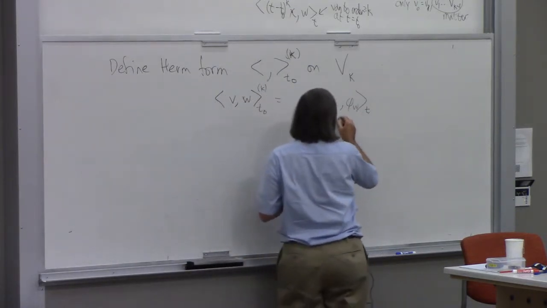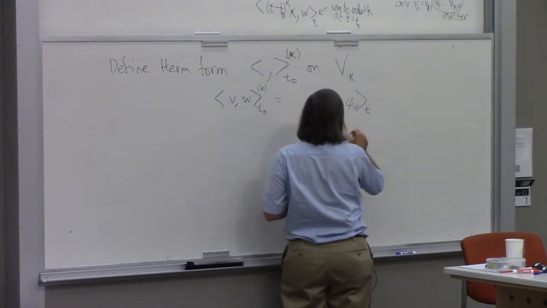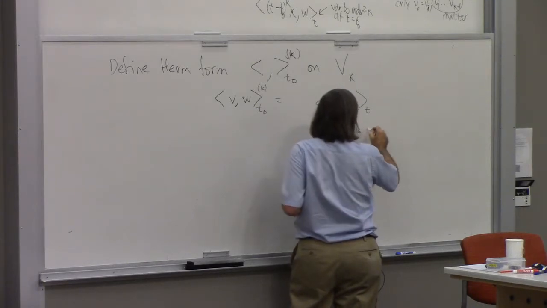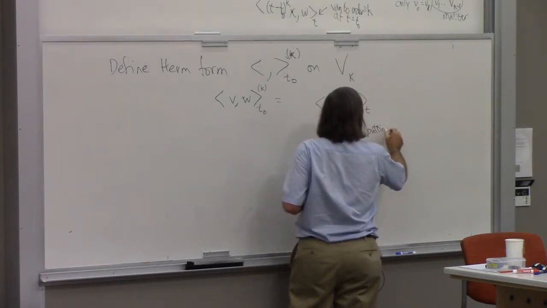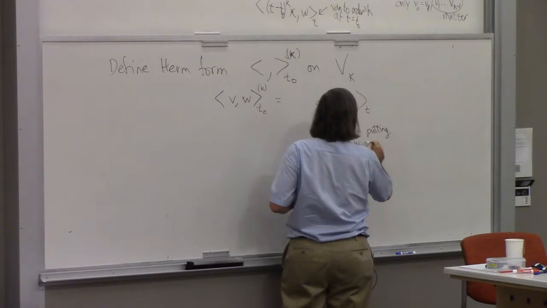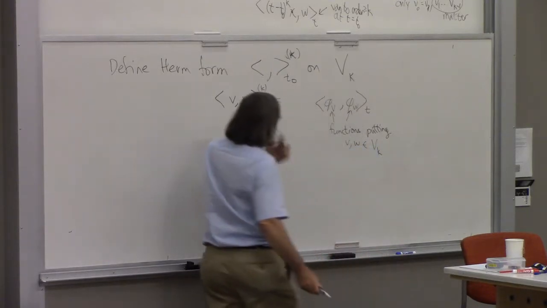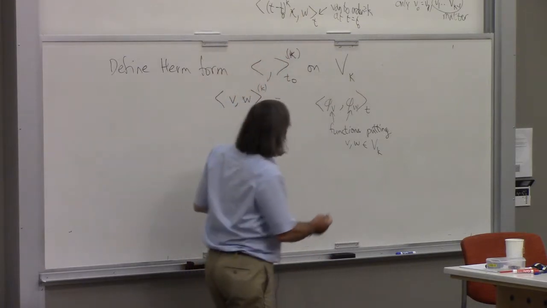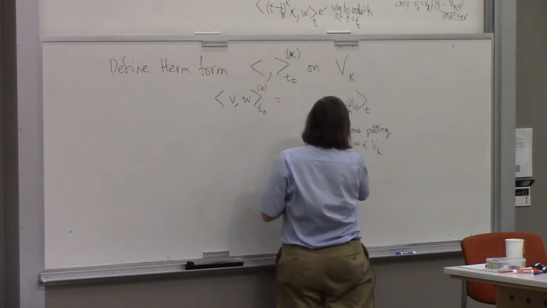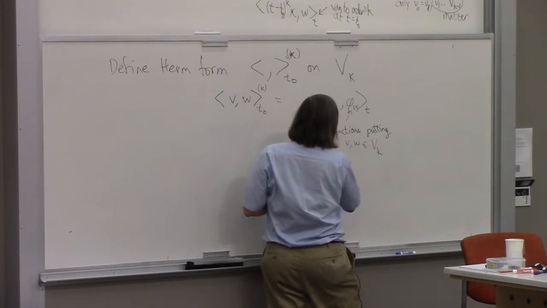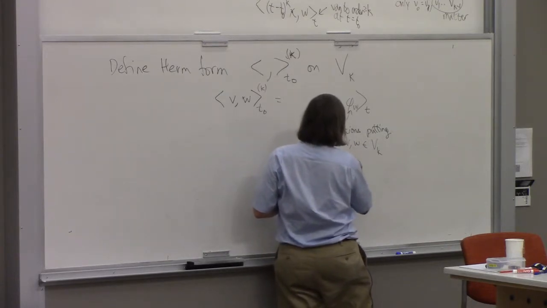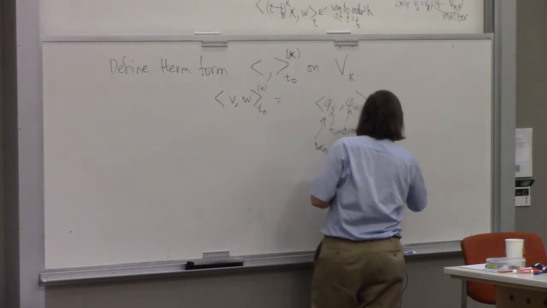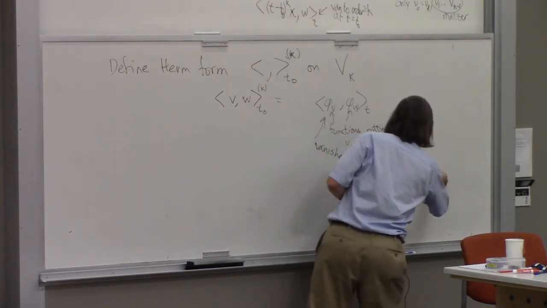These are the functions that put v and w in Vk, so by the definition, this function of t vanishes to order greater than or equal to k at t equals t0.